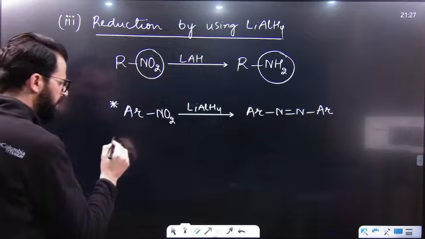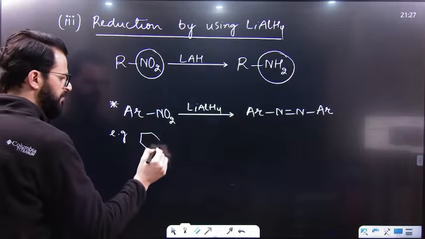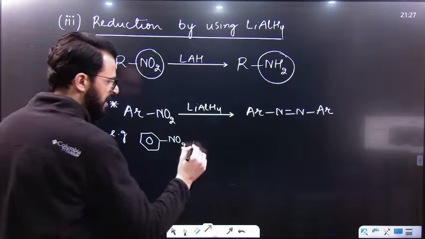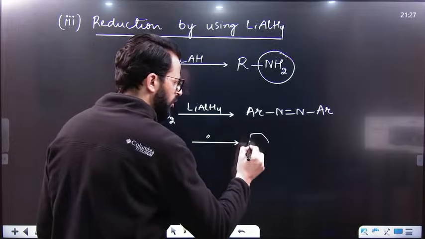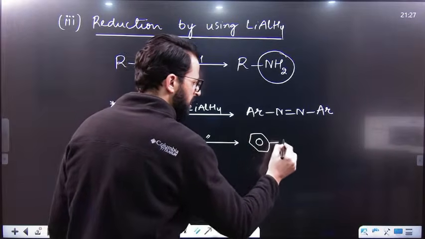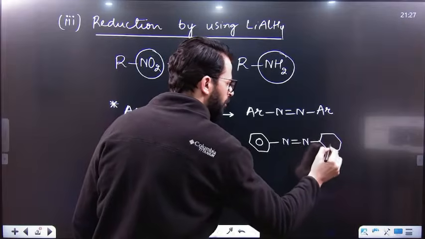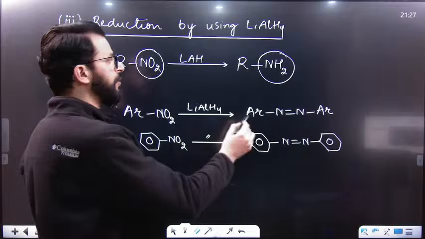For example, if this Ar is C6H5, I mean to say if this is nitrobenzene, then the same reaction will result in the formation of azobenzene instead of aromatic amine. So you have to remember this.